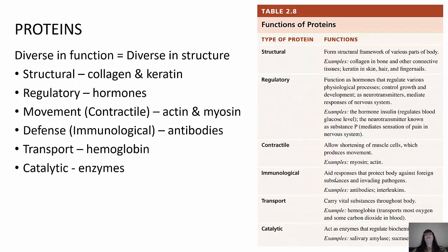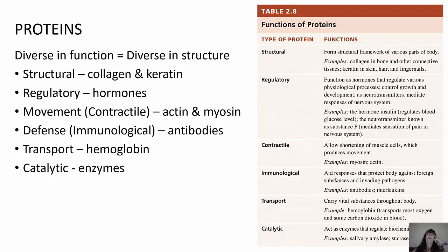Proteins. Amino acids combine to form proteins. They are very diverse in function and diverse in structure. You have a chart over there that shows you the type of protein and the functions, and then some examples. They have 6 main functions: structure, regulatory, movement, defense, transport, and catalytic.